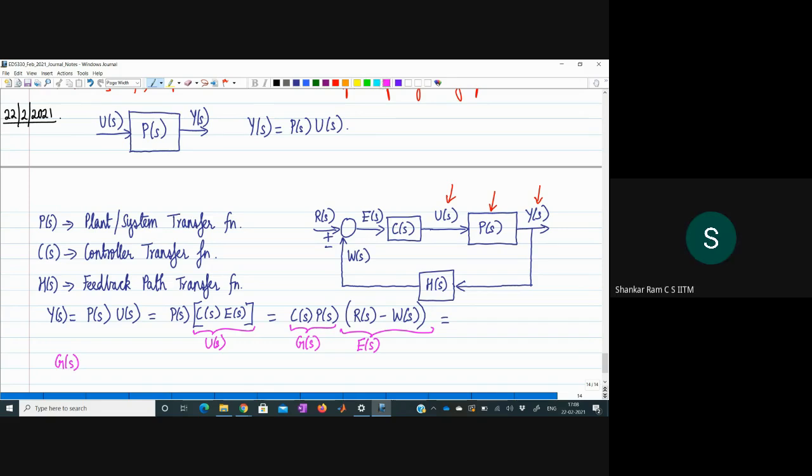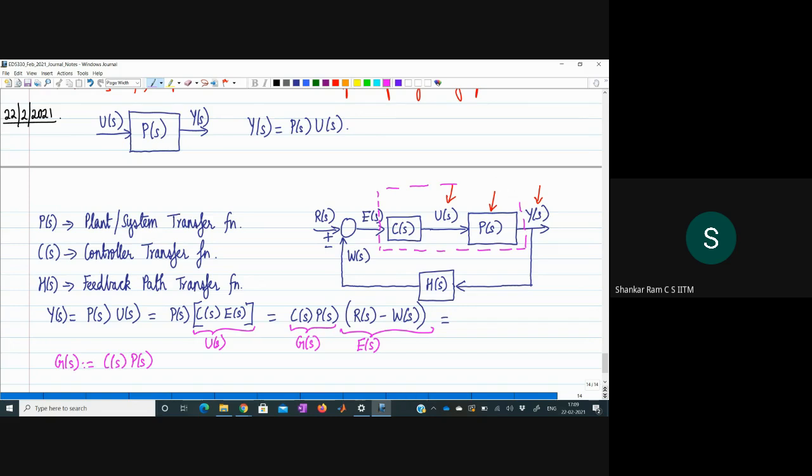This quantity G of s that we are defining is the product of the controller transfer function and the plant transfer function. Suppose we draw a fictitious block in what is called the forward path, as we have already learned. In the forward path, we have two transfer functions, C of s and P of s.